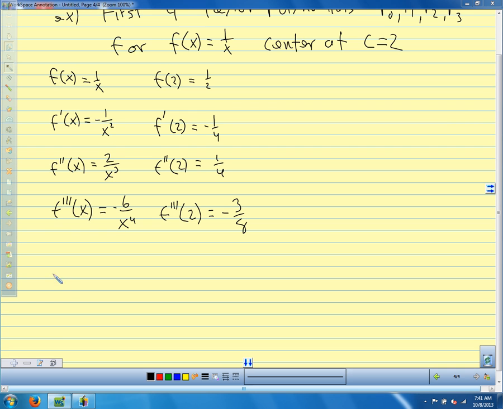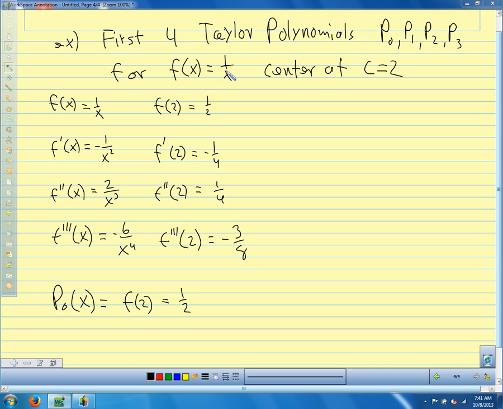So p sub 0, my 0th Taylor polynomial of x, is just f of 2. That's my first polynomial. It's just a constant. So this says that 1 over x, for numbers close to 2, is about 1/2.